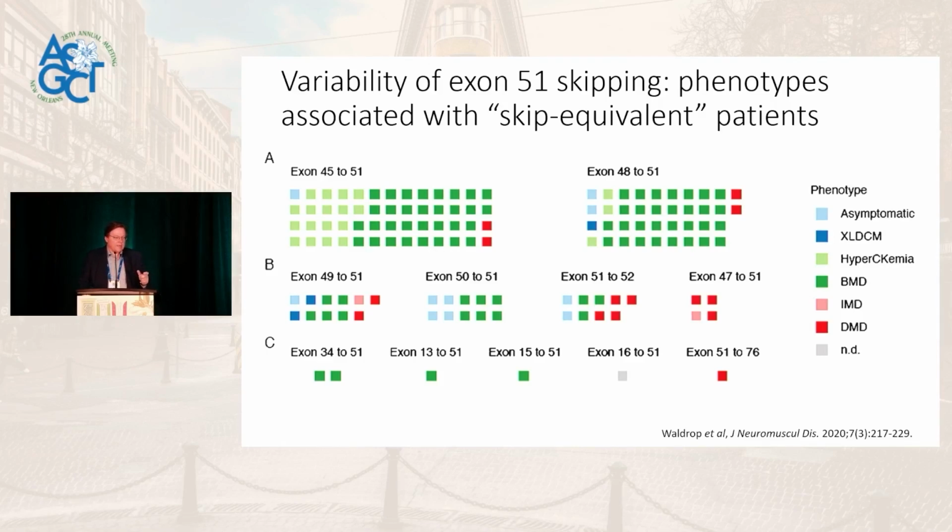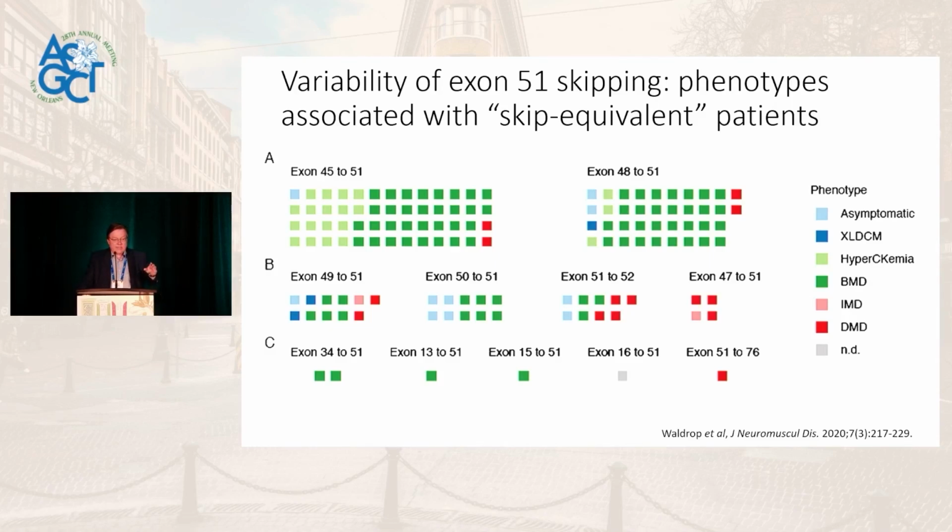So I'll point out that for deletions of exon 50 to 51, 40% of the patients in our database, in fact, had normal CK. In fact, because this is in a hotspot of where deletions occur, the absence of a large number of patients with that mutation suggests to us that some of them don't even make it into these databases because their CKs are so normal, the diagnostic biomarker.